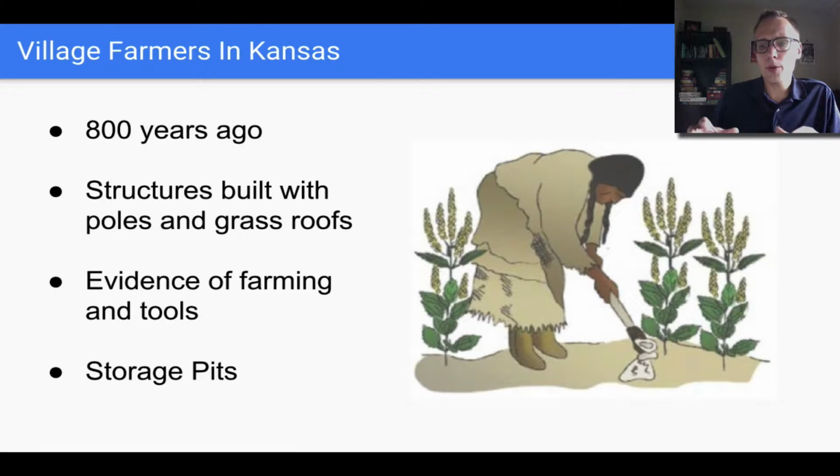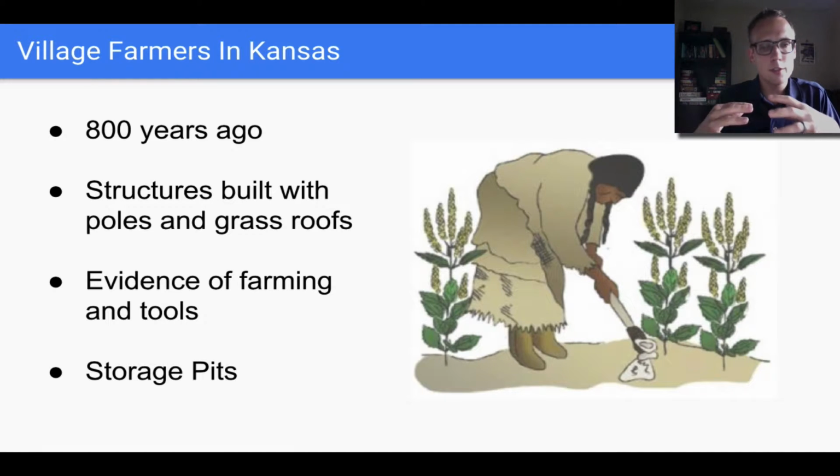What they found were areas of indentions in the land where there were 10 to 20 of these in an area, and they found these circular indentions, and around it there were essentially like shadows where wood had broken down over time, little post holes that showed that they clearly were making a circular image, and so these would have been the first huts that would have been permanent villages.